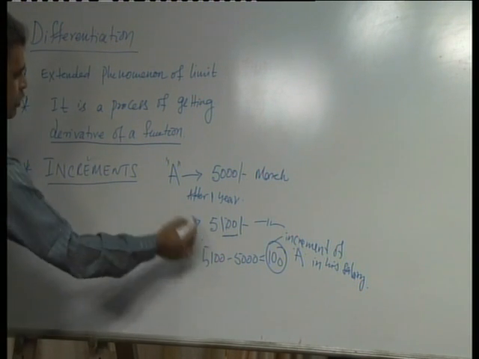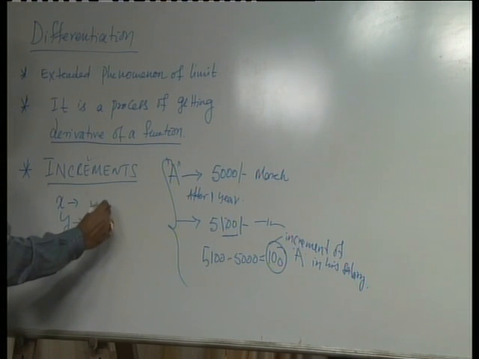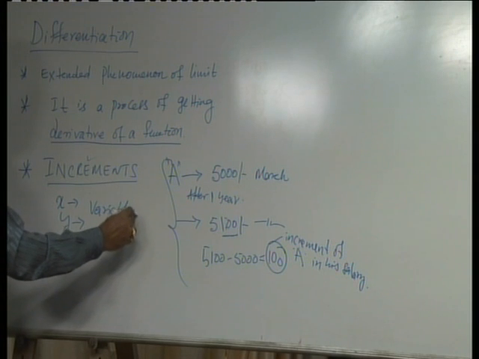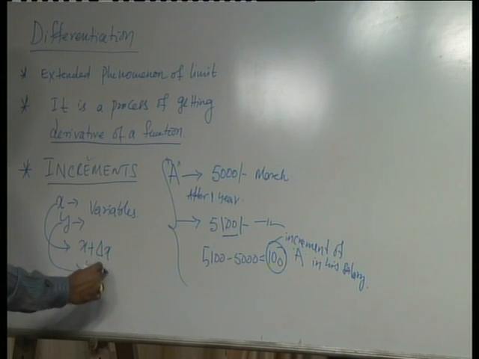The same concept can be extended for the functions. Let us take x is variable, y is variable. For these variables, if I increase little amount for x, if I increase for x by delta x, so x plus delta x, or in case of y it can be taken as y plus delta y.